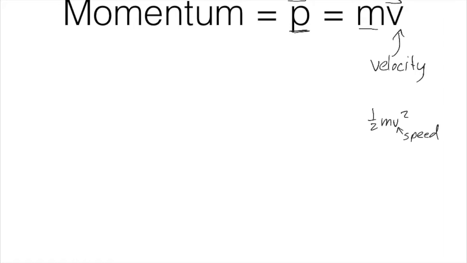Now, the big thing about momentum is that if we take a system, so an object or a group of objects, and if there are no outside forces, then momentum is conserved. This was not always the case with energy, right? Because with energy, we said the energy of an object was conserved as long as there were no non-conservative forces.